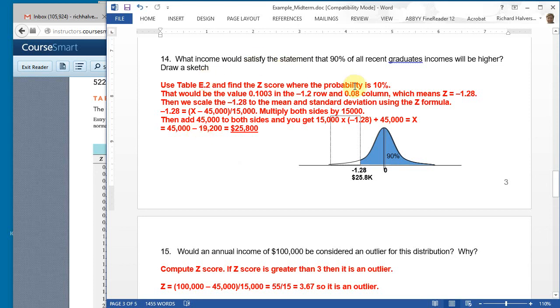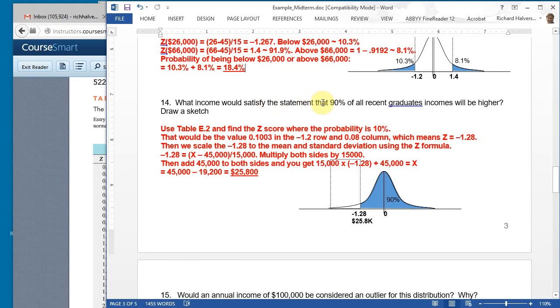Okay, what income would satisfy 90% of all recent graduates' incomes will be higher? Okay, draw a sketch. Okay, so we want the diagram to look like this, where we've got 90% higher. So we need to find this point.